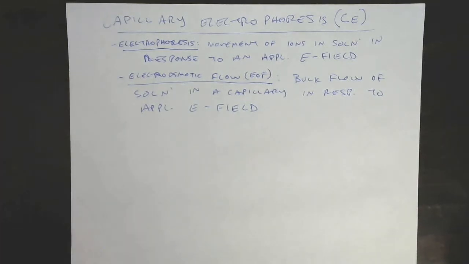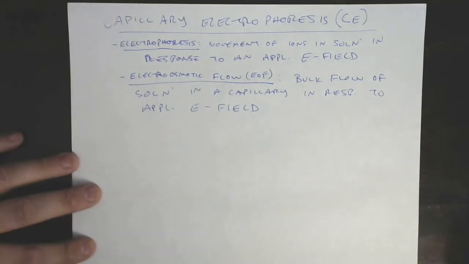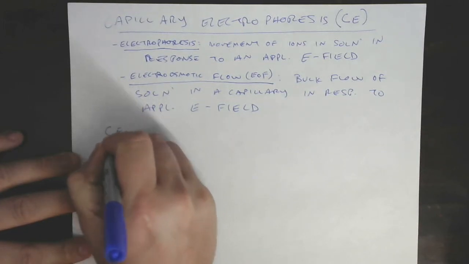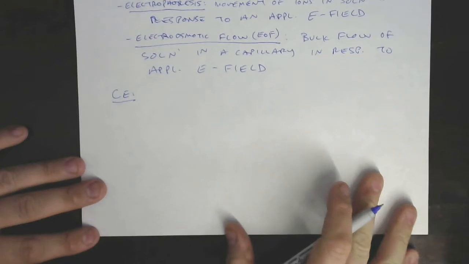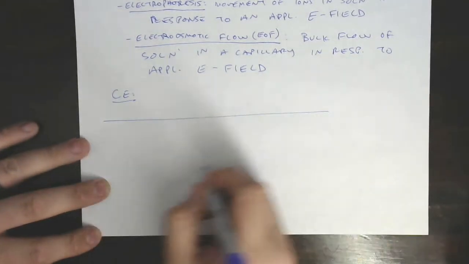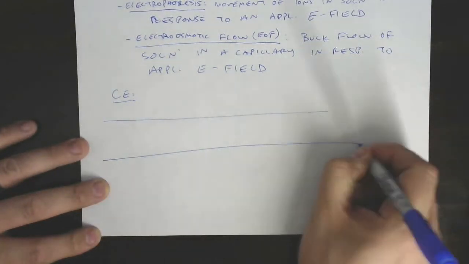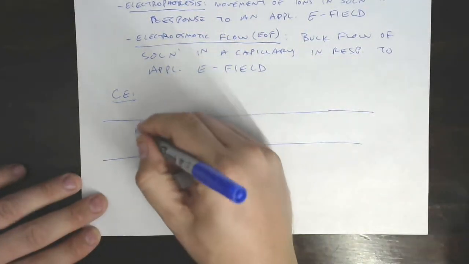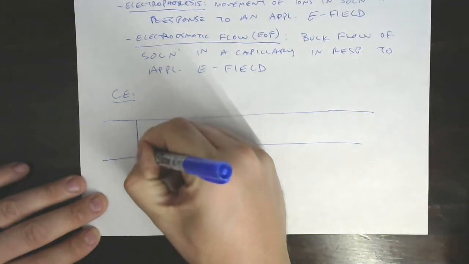Okay, so let's put these two concepts together to draw a picture of the fundamental working mechanisms of capillary electrophoresis, or CE. So let's draw a capillary. Here it is, the inside of the capillary. Into this capillary, we're going to inject a small plug of sample, just like we would do for HPLC.